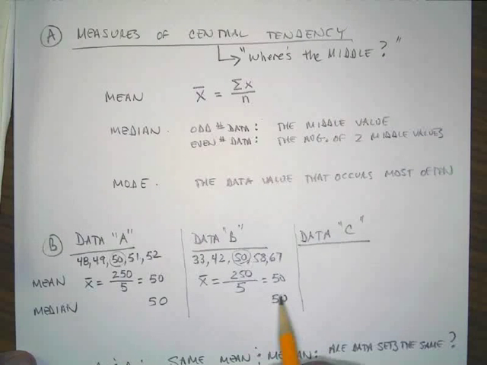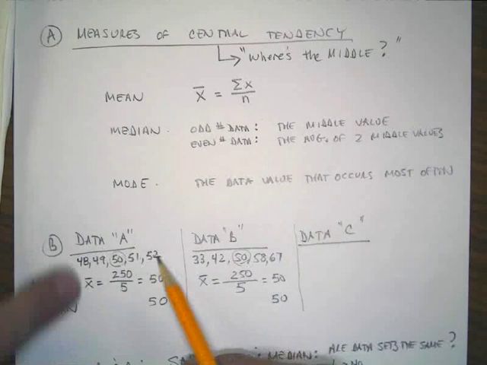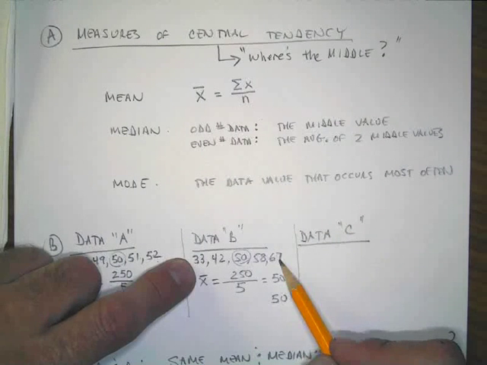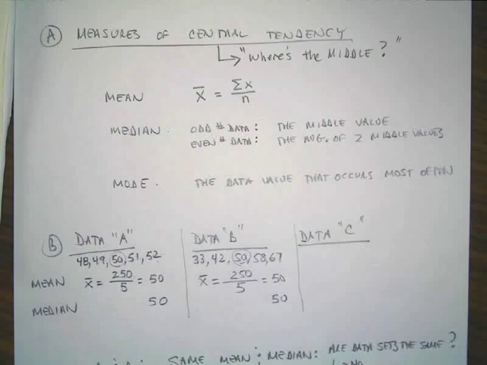They have the same center, but they are different. How are they different? Well, to me, 48 to 52 is very compact. 33 to 67 is very spread out. So in my mind, they are different because of the spread.